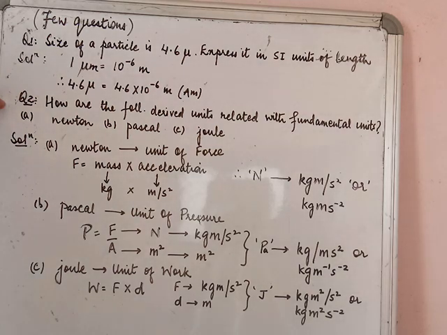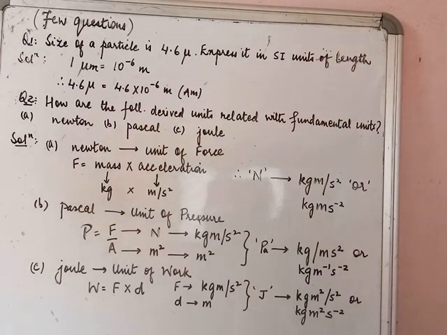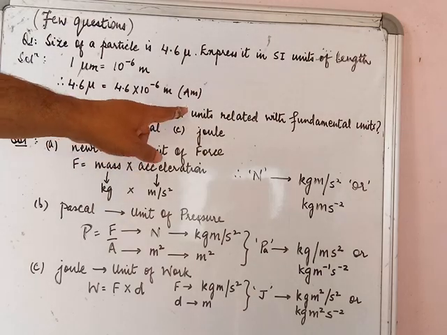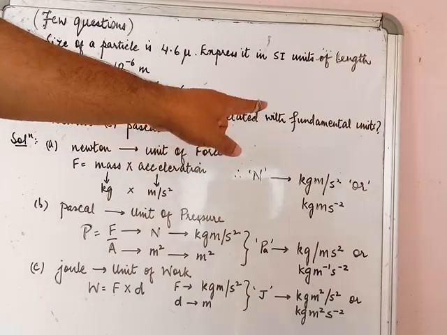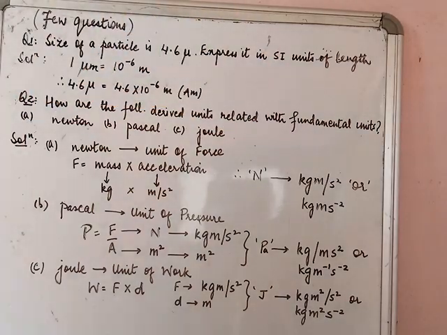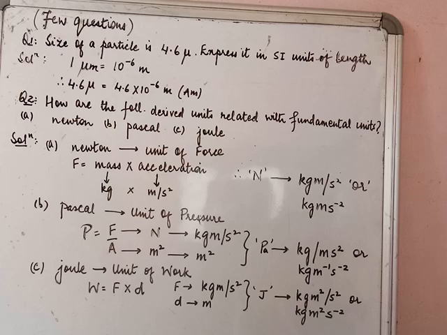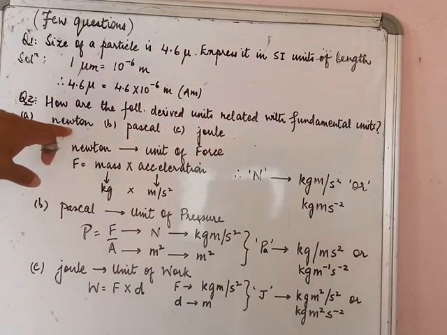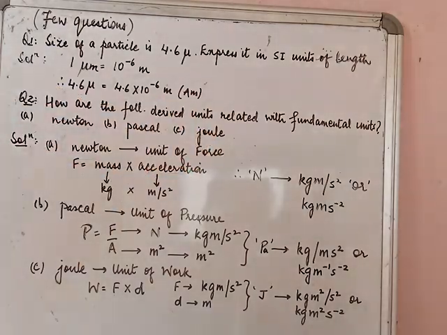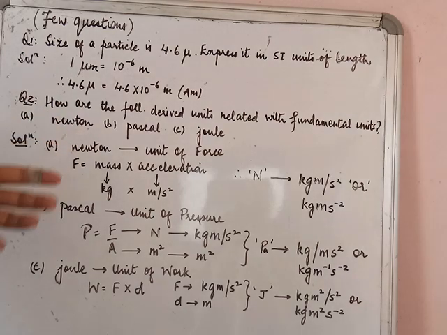Now you have a look at the second question quickly. How are the following derived units related with the fundamental units? There are 3 derived units that have been written over here. The first one is Newton, then Pascal, then Joule. Before we actually go ahead and solve this question, let us have a look at a very peculiar thing that some of you might notice.